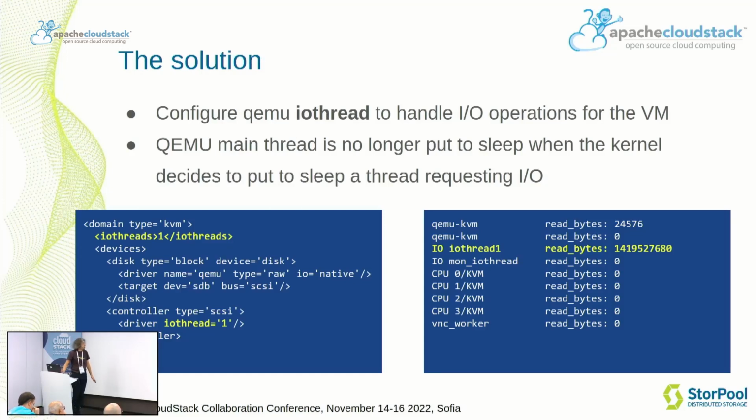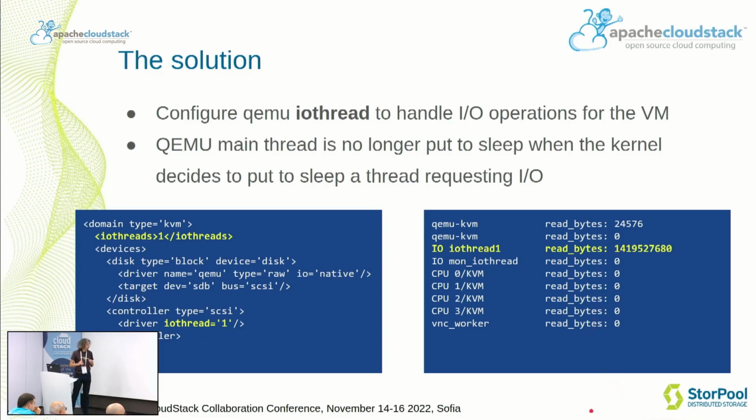So the solution is to configure a dedicated thread for the I/O operation. We just enable iothread and define here that our virtual disk uses this iothread for I/O operations. We can see here is the iothread with all I/O operations.